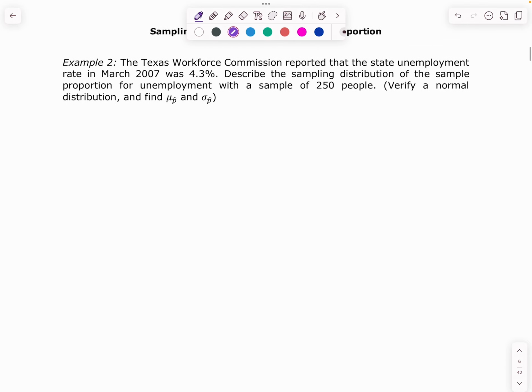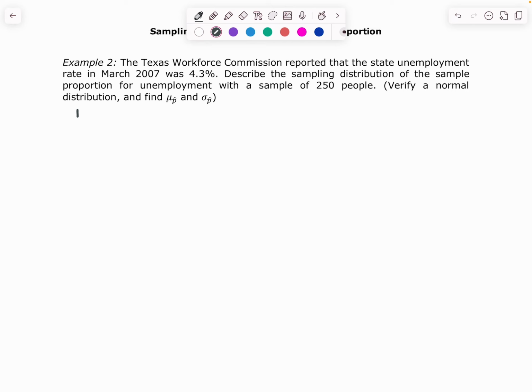The Texas Workforce Commission reported that the state unemployment rate in March 2007 was 4.3%. Describe the sampling distribution of the sample proportion for unemployment with a sample of 250 people. So we're going to verify that we have a normal distribution, we're going to find mu of p hat, and we're going to find sigma of p hat.